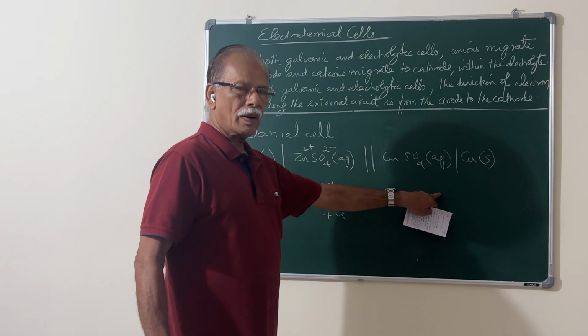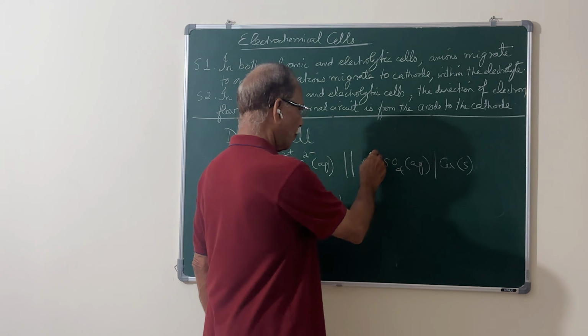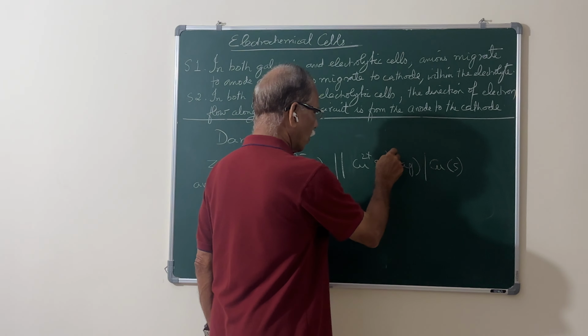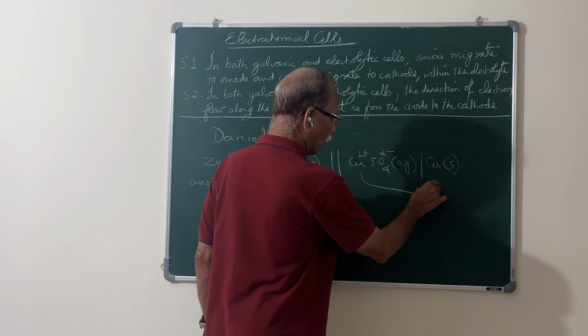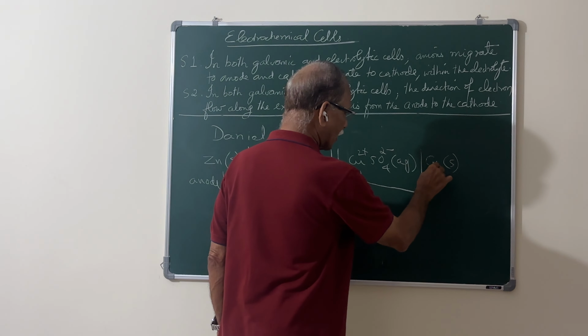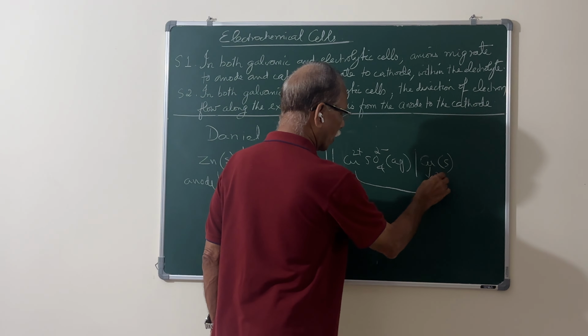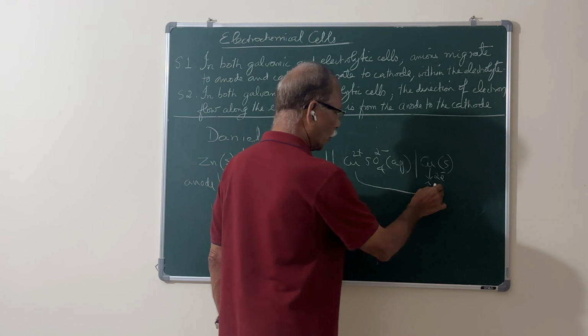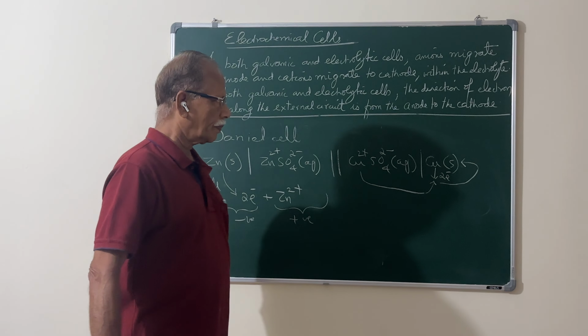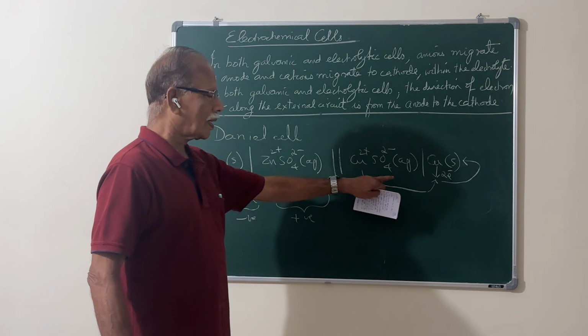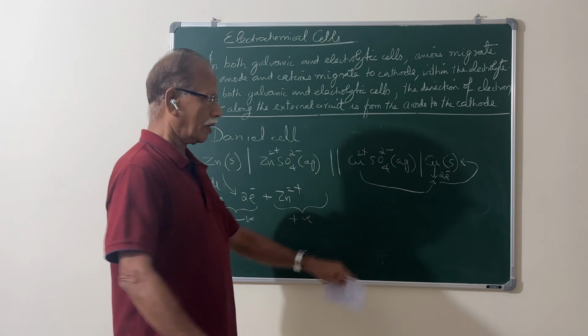On the copper electrode side, Cu2+ ions migrate to copper metal. Copper metal will provide 2 electrons, and together they form copper metal by reduction. Reaction occurring here is reduction.